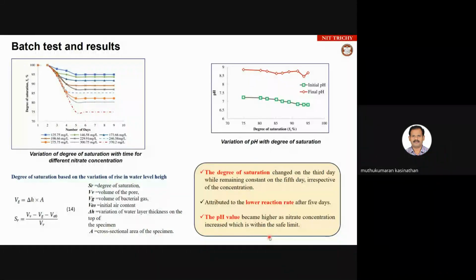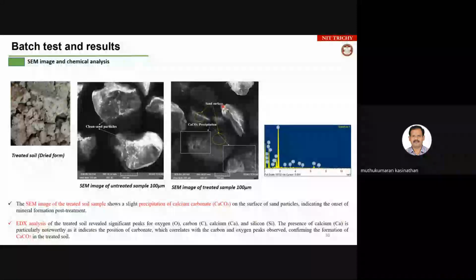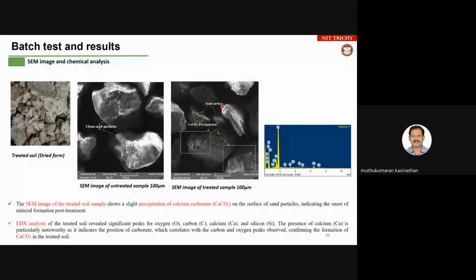From this process, we have also seen the microstructure, the calcium carbonate precipitation, which is the binding property of the structure of the soil grains. But we are not very keen to have such CaCO3 precipitation for strength improvement.